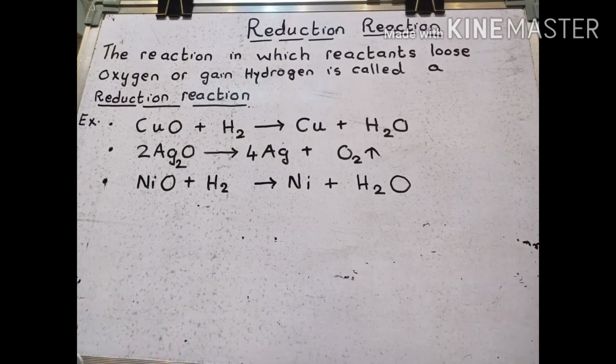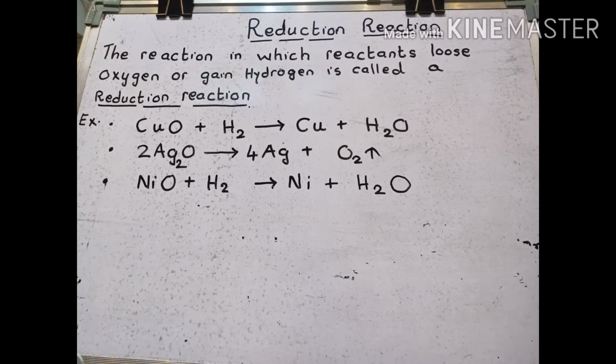So here students, you have the reduction reaction definition. The reaction in which reactants lose oxygen or gain hydrogen is called a reduction reaction. You can see the first example, right? You have copper oxide reacts with hydrogen, or hydrogen gas is passed over copper oxide.